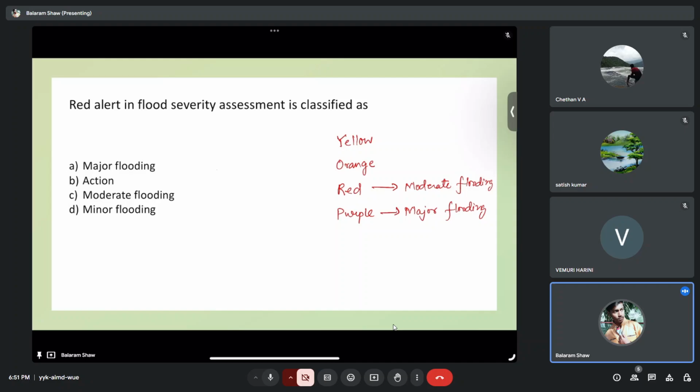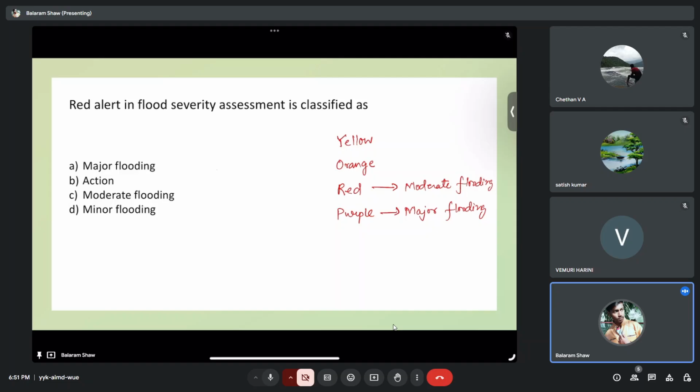Then minor flooding we call orange alert, and yellow when just small action needs to be taken. So for red alert, moderate flooding, the correct answer will be C.